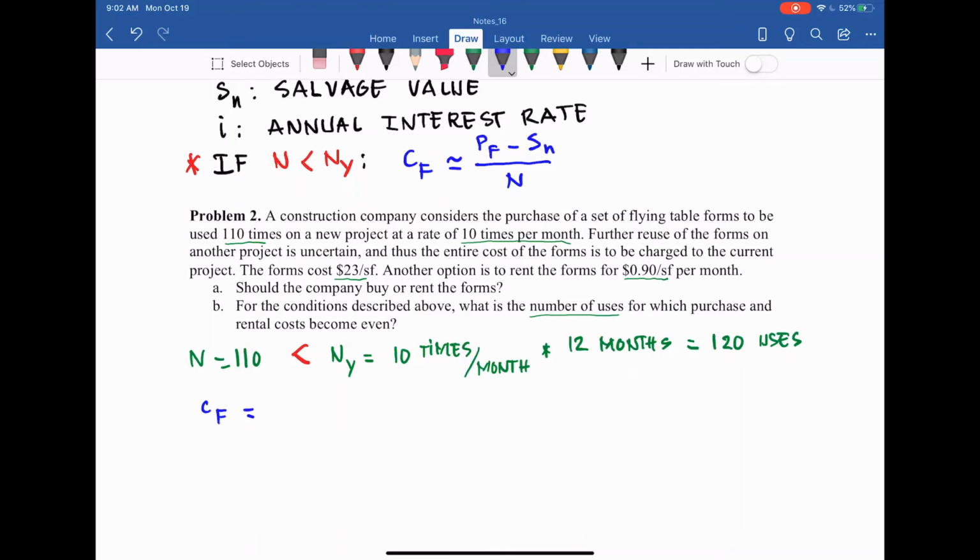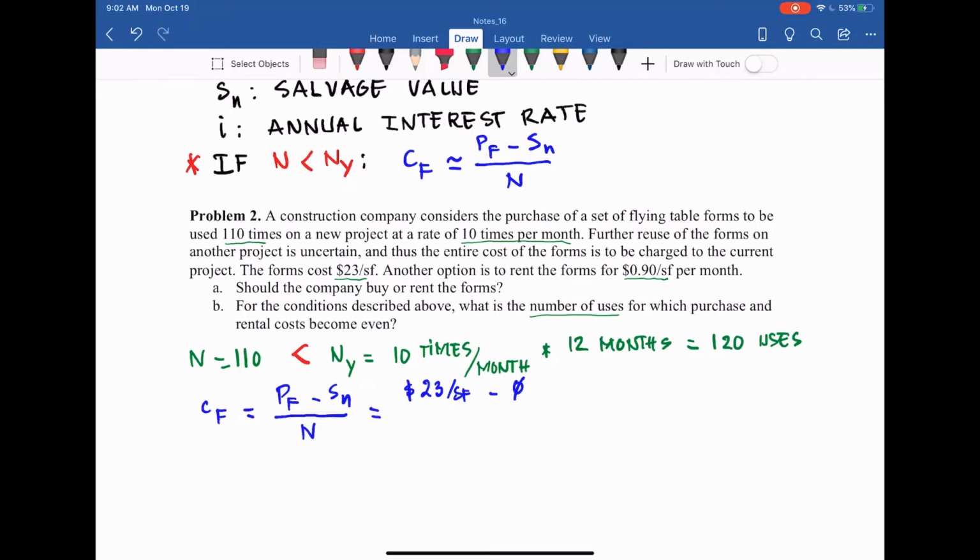per square foot. So we have Sn equal to 0, and then we can write down PF minus Sn over N, and plug in the purchase cost of 23 per square foot minus 0.